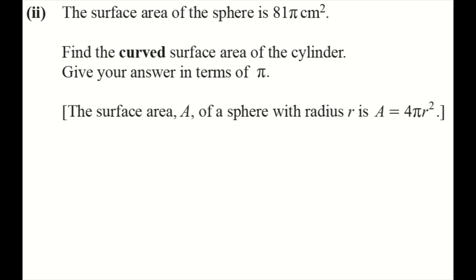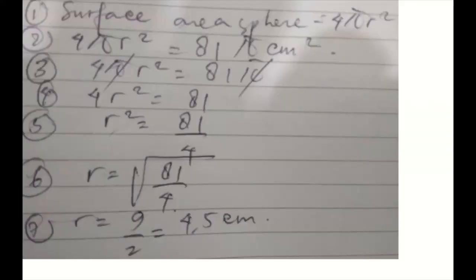So first thing, we state the information that the surface area of the sphere is equal to 4 pi r square, and we've been given that the surface area is equal to 81 pi centimeter square. So I substitute: 4 pi r square is equal to 81 pi. Since both of them have pi, we can cancel each other.